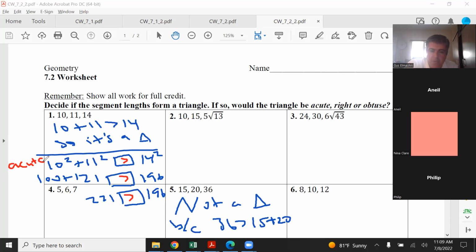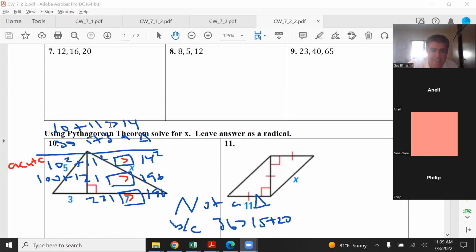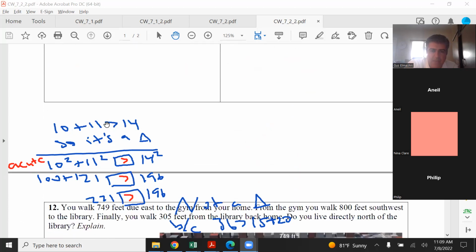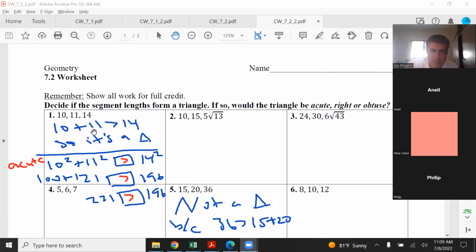So you can do something similar for 2, 3, 4, 6, and 7, 8, 9. And then you're asked to solve for x, for 10, 11, and then 12, you have a word problem. So I'll have you guys do this. We'll go and copy it down first.